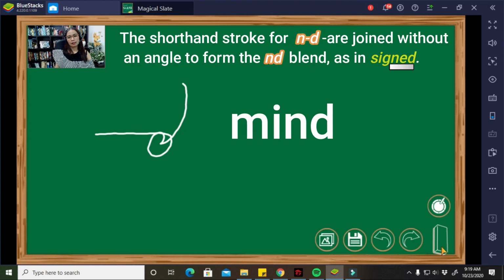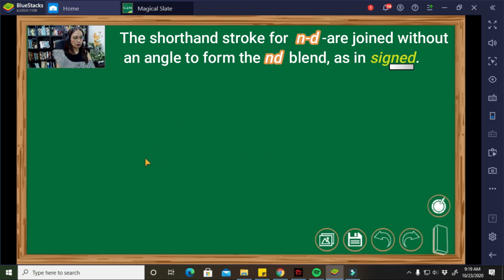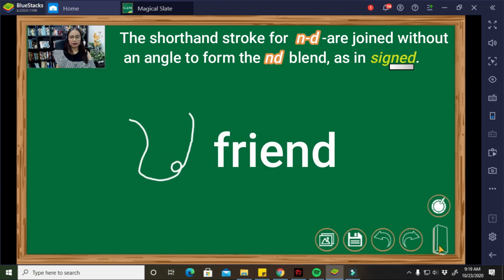Let's have another example. What is this word? A small circle and a blending symbol there. Can you read it now? Very good, that is friend.